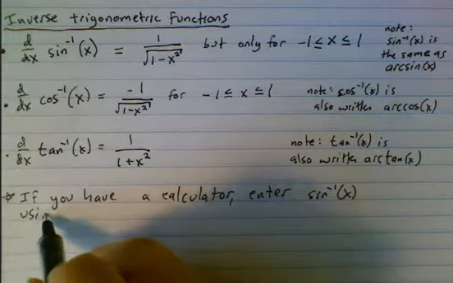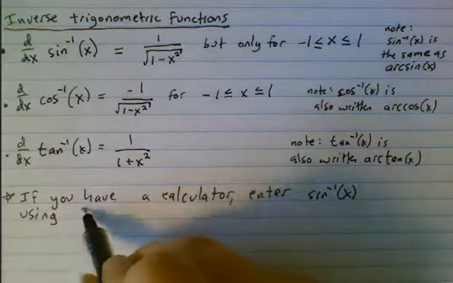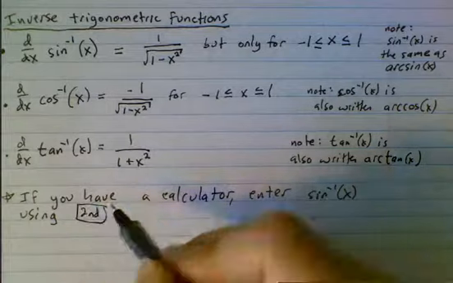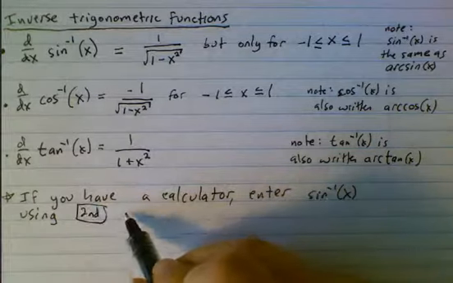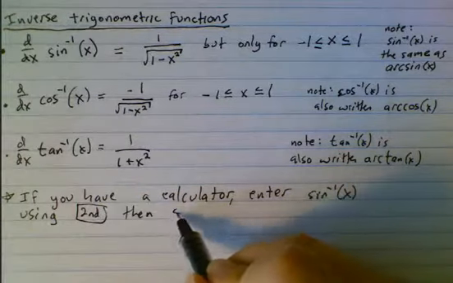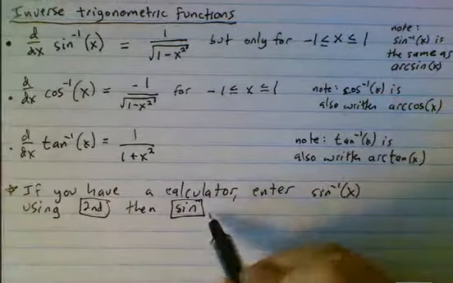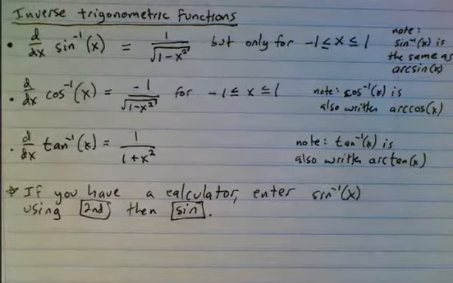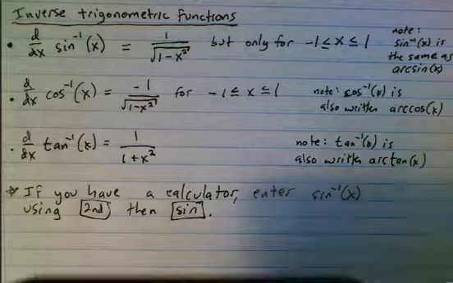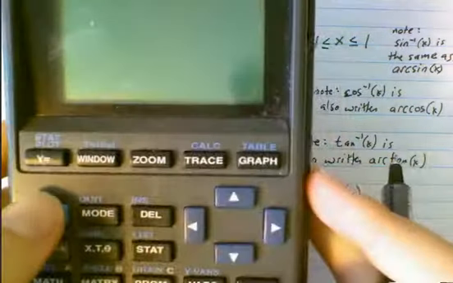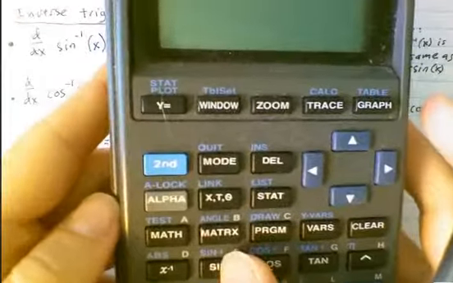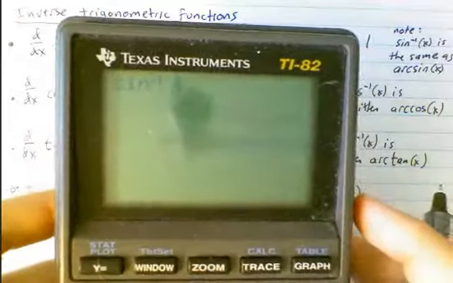You can do it using the second button, then the sine button. So that's right here, second, and then sine. You want the little sine -1? There you go.